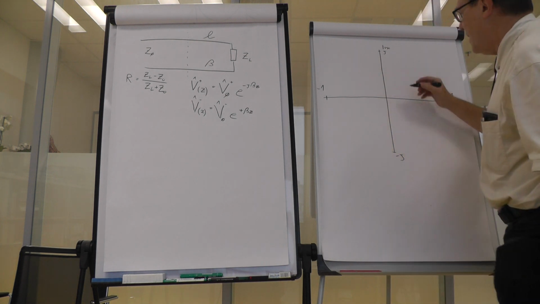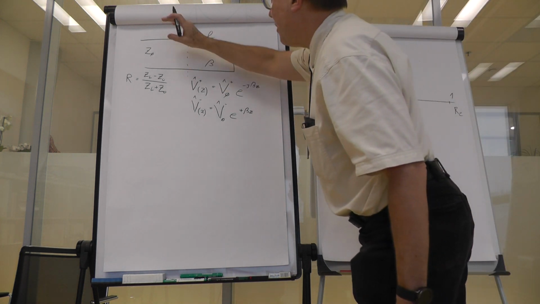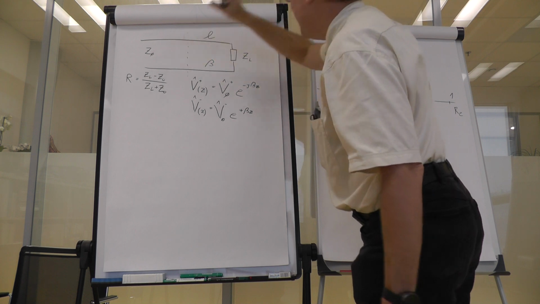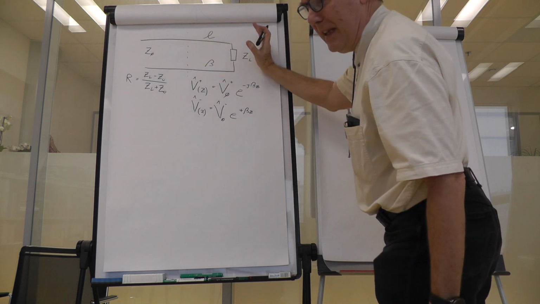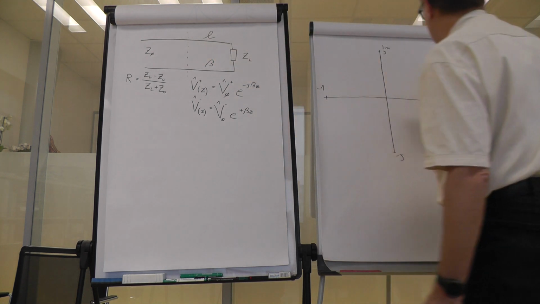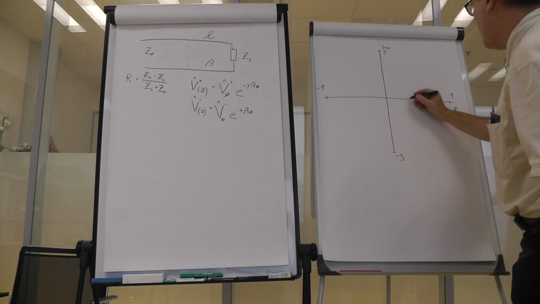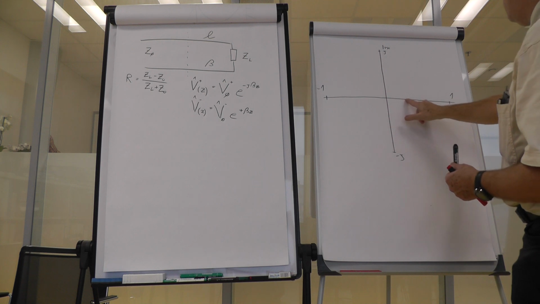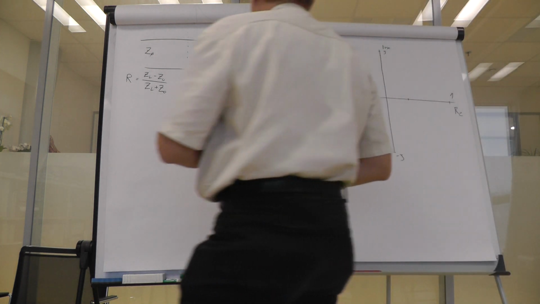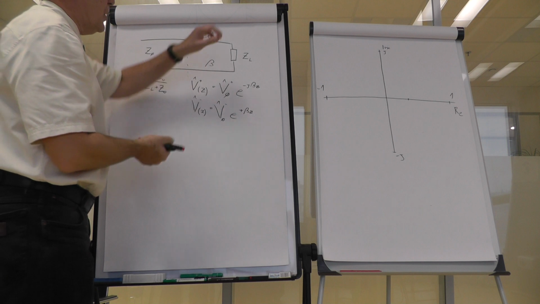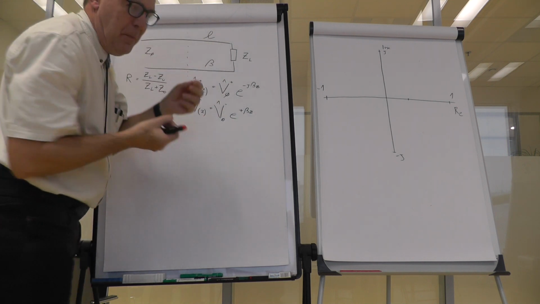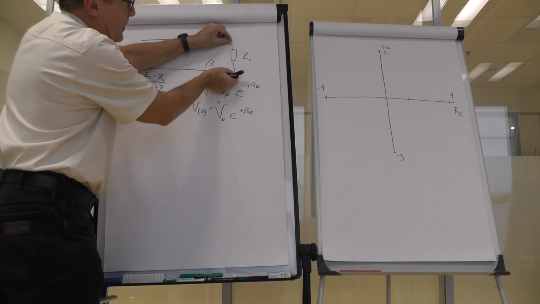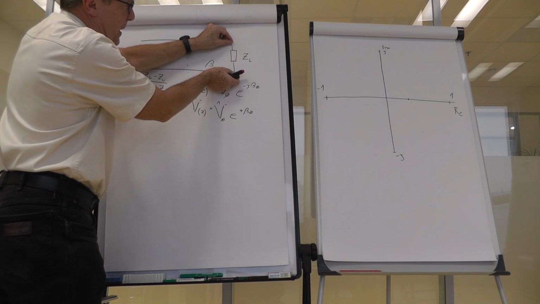So this line with a real characteristic impedance of 50 ohms loaded by a real impedance of 100 ohms would result in a reflection coefficient of 1/3, just here. Okay, so this is the situation. We have the voltmeter or the impedance meter, and at this frequency we measure just the load impedance.